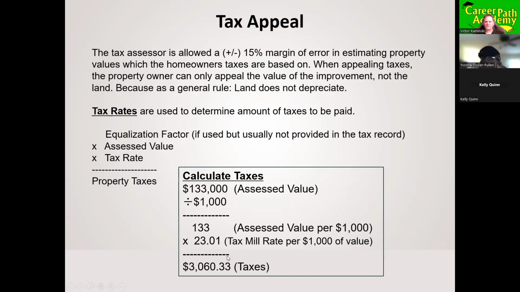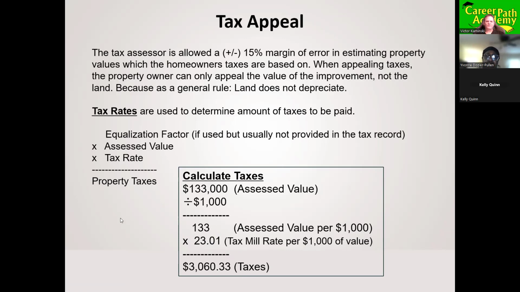If the mill rate is $23.01 per $1,000 of value, you times it by that, and that tells you how much you'd be paying in the property taxes. If it was per $100 of value, well, then you do 133,000 divided by 100, then multiply that by 23.01, or whatever the mill rate is per $100 of value.